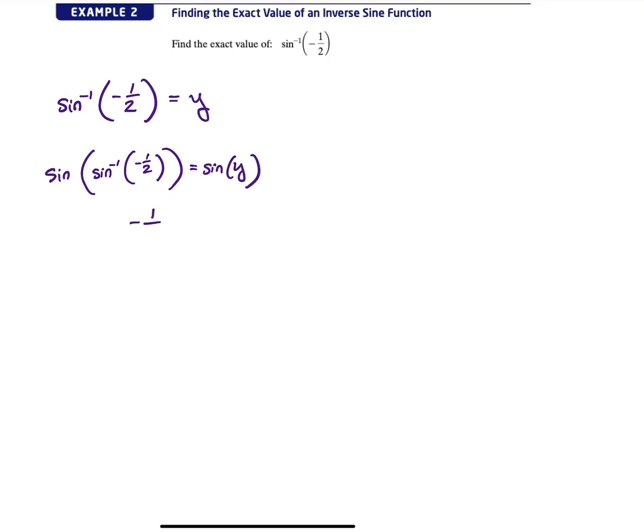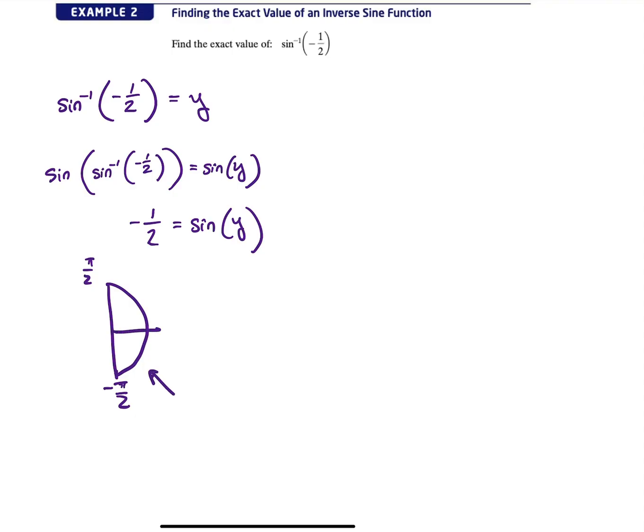So I get this statement, negative 1/2 equals the sine of some angle. So I'm thinking in that restricted interval, so between negative pi over 2 and pi over 2, where's the sine equal to negative 1/2?